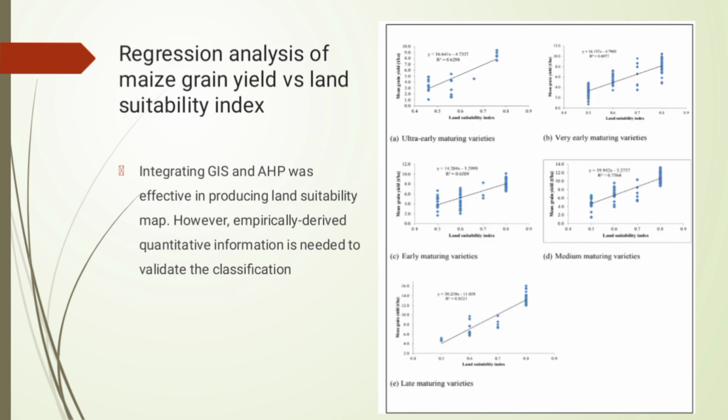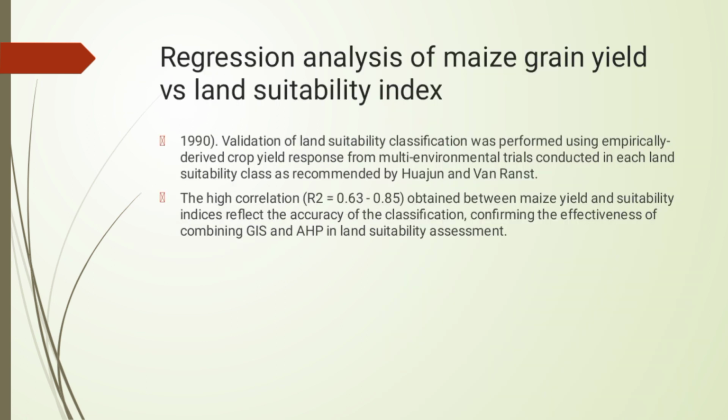Integrating GIS and AHP was effective in producing land suitability maps. However, empirically derived quantitative information is needed to validate the classification. In 1990, validation of land suitability classification was performed using empirically derived crop yield response from multi-environmental trials conducted in each land suitability class, as recommended by Wajun and Van Rust.